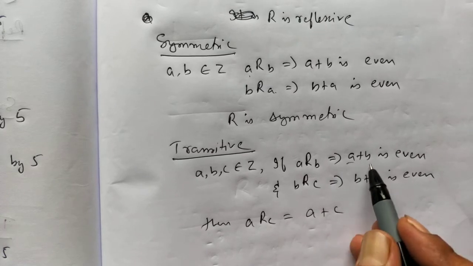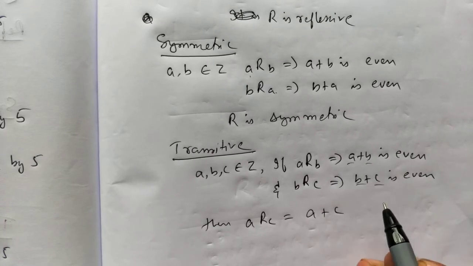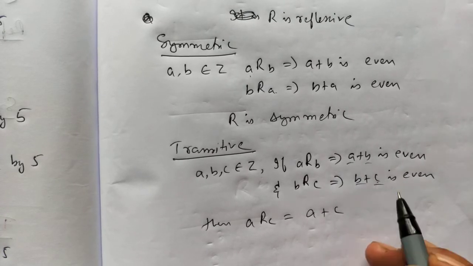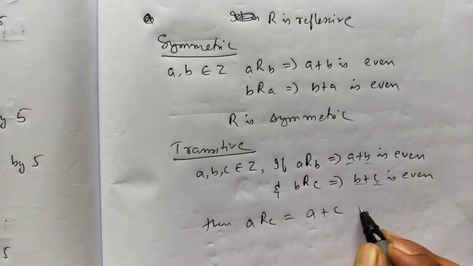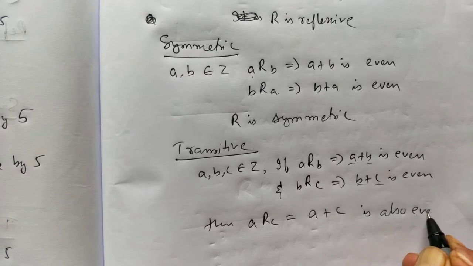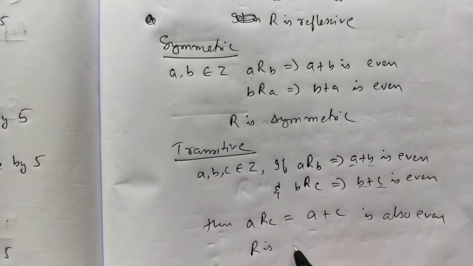If A plus B is even and B plus C is also even, that means A plus C is automatically even. Therefore, R is transitive.